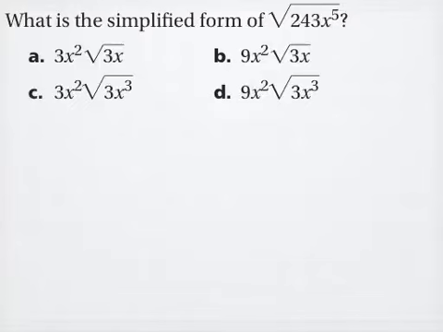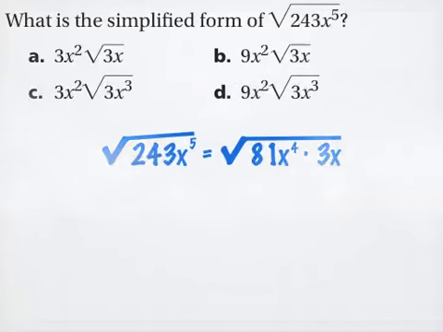The largest perfect square factor for 243 is going to be 81. So I can rewrite the square root of 243x to the 5th as 81x to the 4th times 3x. 81 times 3 gives you 243, and then x to the 4th times x gives you x to the 5th.